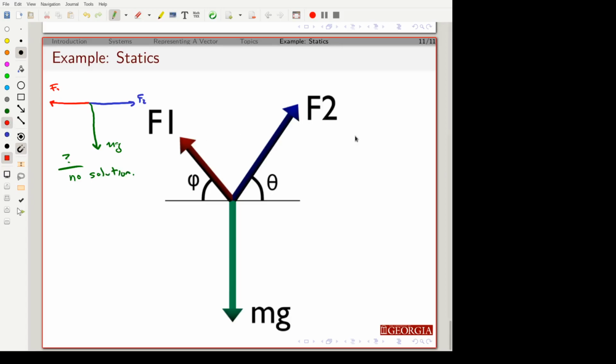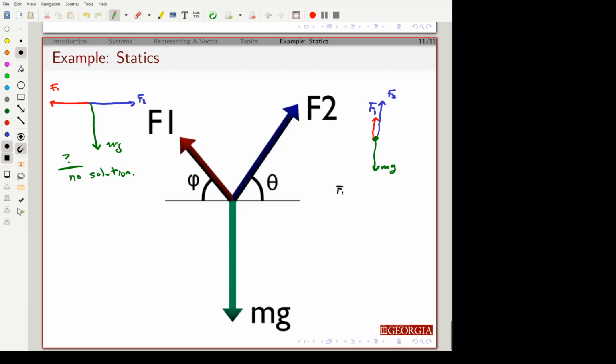Okay. What happens then if both of these things are going straight up? Oops, that should be f1, sorry. So that's f1. And now I'm going to have this thing right here, so that's my f2. And I've got mg. In this situation, there's nothing in the left or right direction, so there's nothing to balance that way.